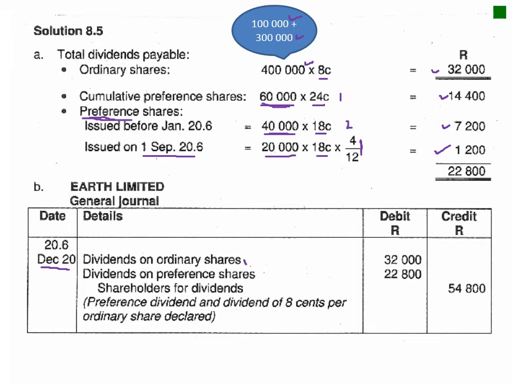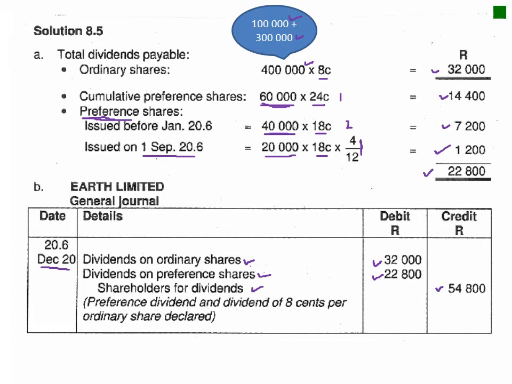So we'll debit dividends on ordinary shares, and remember I said this is an appropriation of profits, which will be shown on the statement of changes in equity, and we'll debit dividends on preference shares. The total dividends on preference shares are 22,800. We will credit shareholders for dividends, which we said is a current liability.